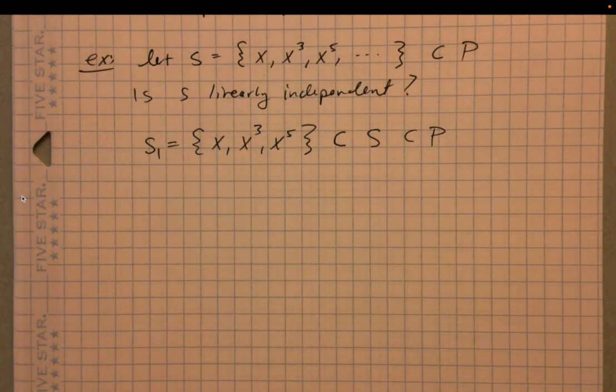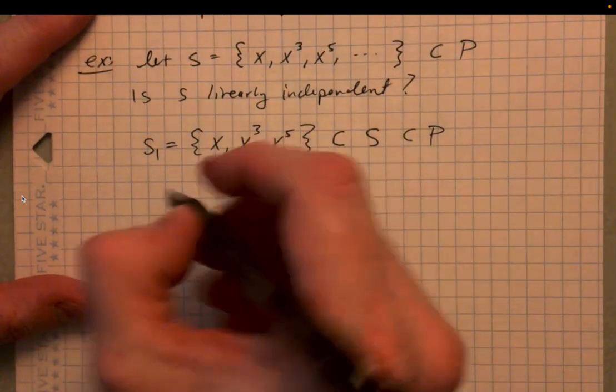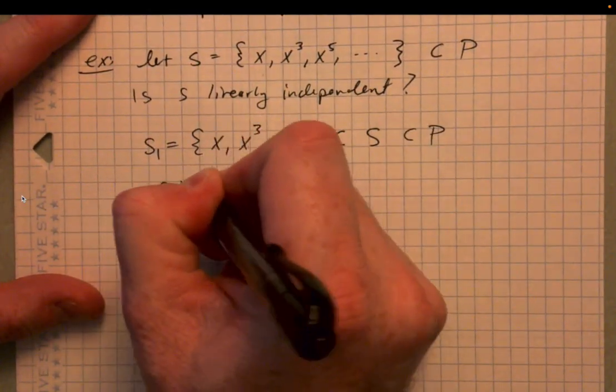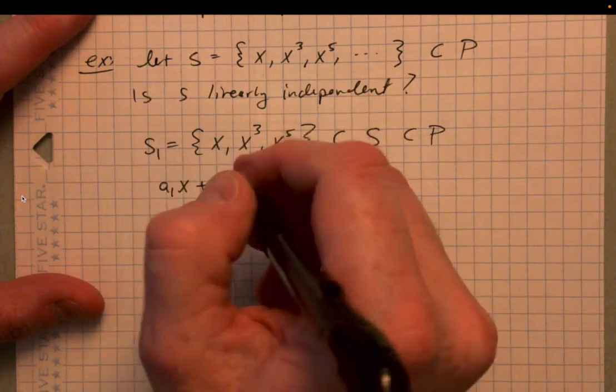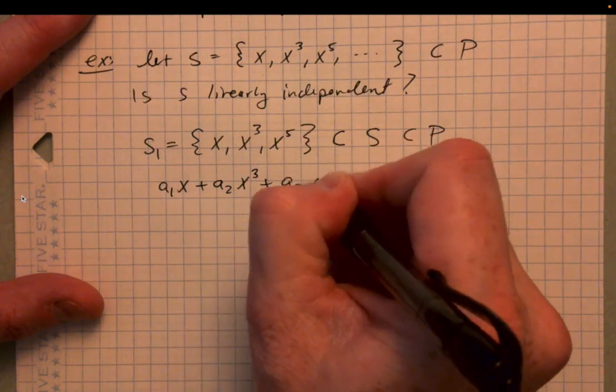And so let's consider the generic form of the linear combinations of S1. You'd have a1 x + a2 x cubed + a3 x to the fifth.